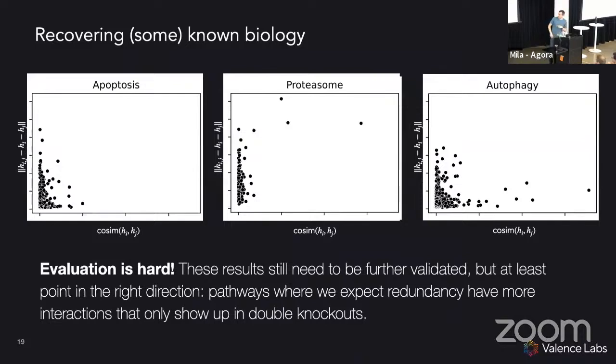Now evaluation is hard, but what's interesting is the things that show up as highly interacting are things like pairs of genes on the apoptosis pathway, on the proteasome, whereas things showing up over here are on the autophagy pathway. It's at least consistent with what we know about biology that you should expect more redundancy on the apoptosis and proteasome pathways.